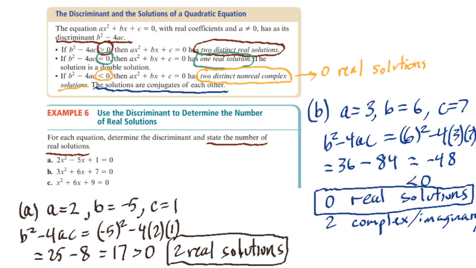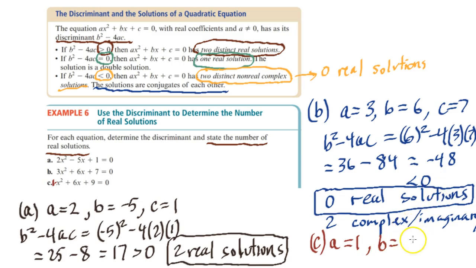Now for part C, I'm going to leave this up to you, but I'm just going to show you the values for a, b, and c for you to plug in. In this case, a is a little tricky, but there's no number in front of the x squared, so that tells you that a is equal to 1, because x squared is also 1 times x squared.